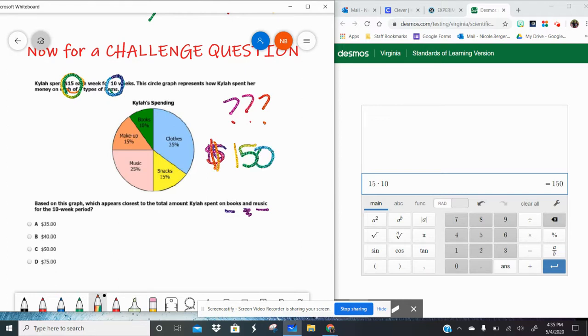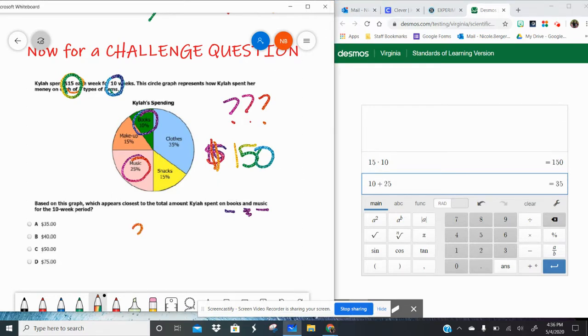All right, so now let's look back again. It says based on the graph, which is $150, what appears closest to the total amount that Kyla spent on books and music. So for books, she did 10%, and music, she did 25%. So if I want books and music, I'm going to combine or add those two numbers together.